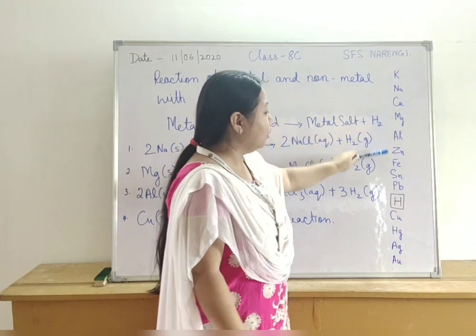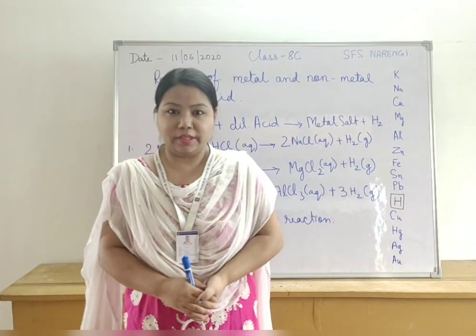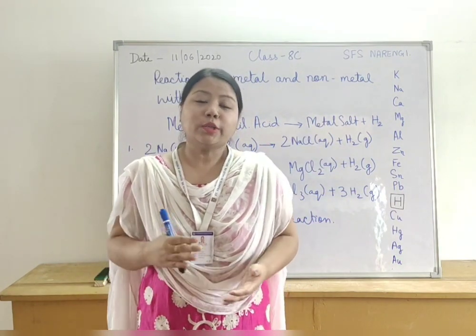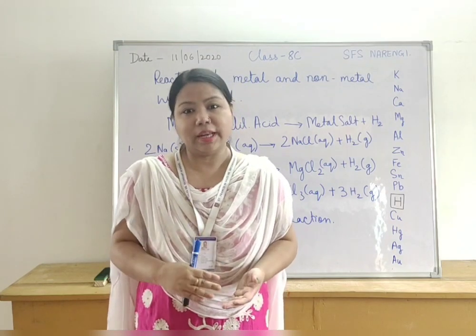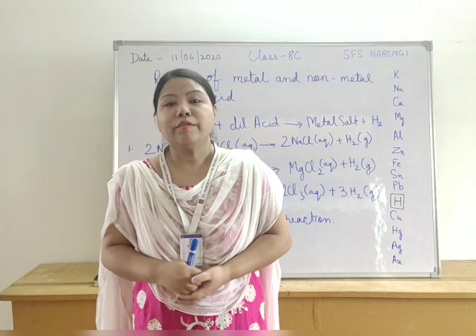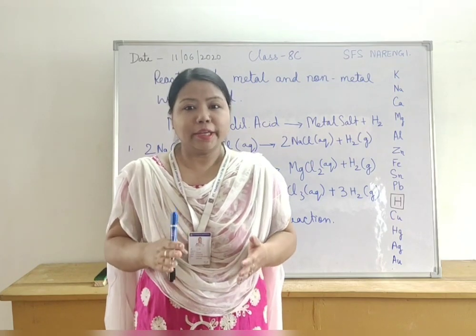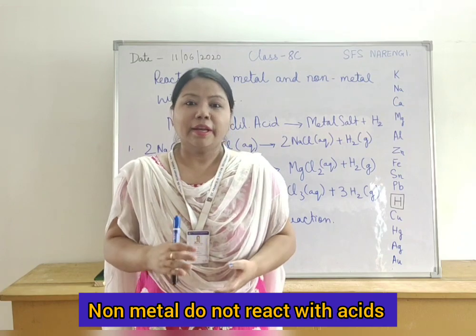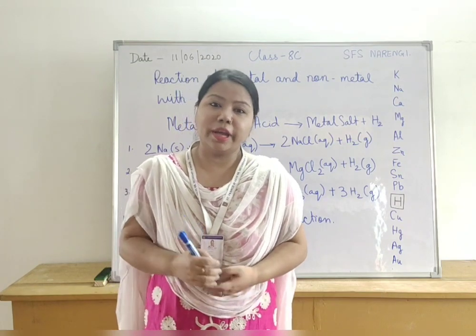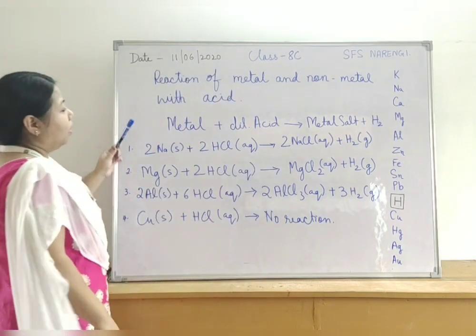Let us again look at the reactivity series. It will help us in understanding the reaction between metal and acid very easily. I think you are clear that non-metals do not react with acid. Now let's see how it reacts with metal.